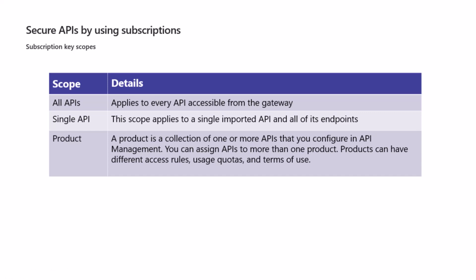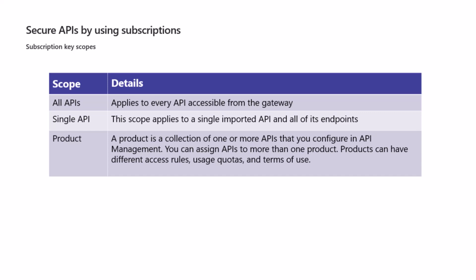So to get the subscription key for accessing an API, a subscription is required. A subscription is essentially a named container for a pair of subscription keys. And a subscription key is a unique auto-generated key that can be passed through in the headers of the client request or as a query string parameter.